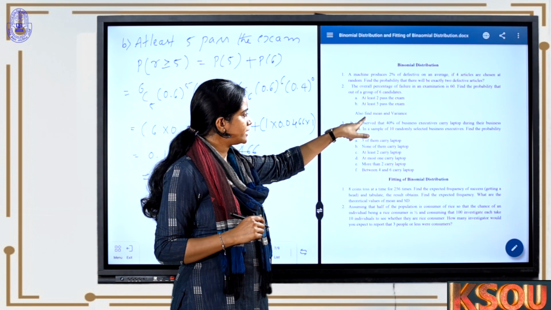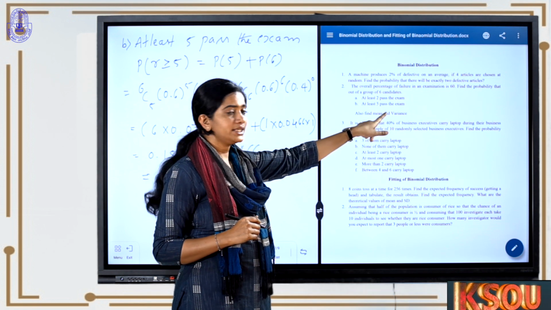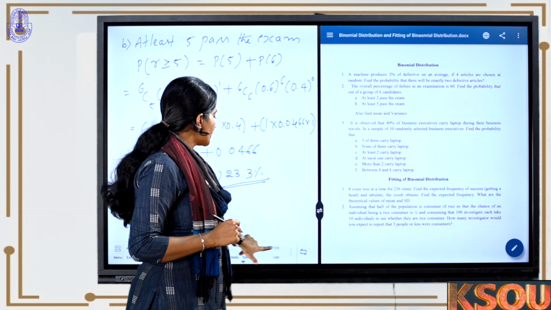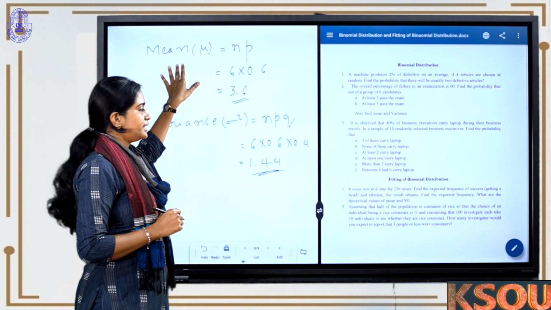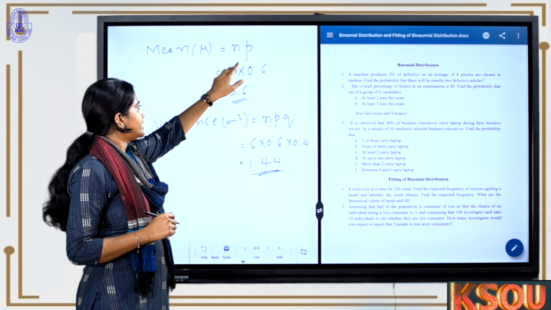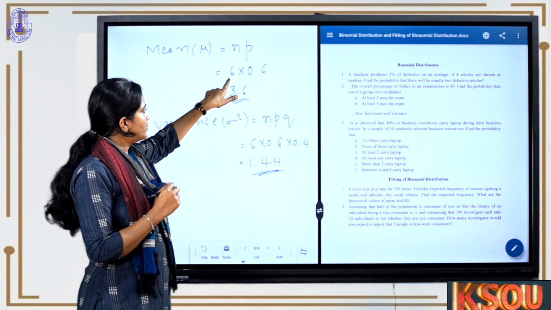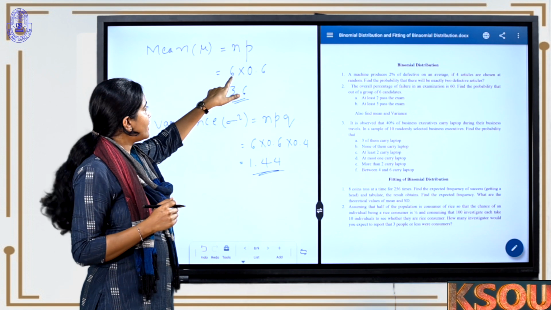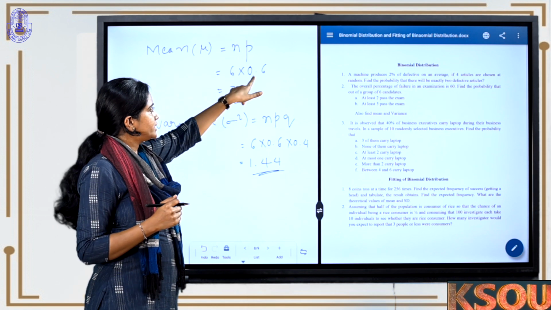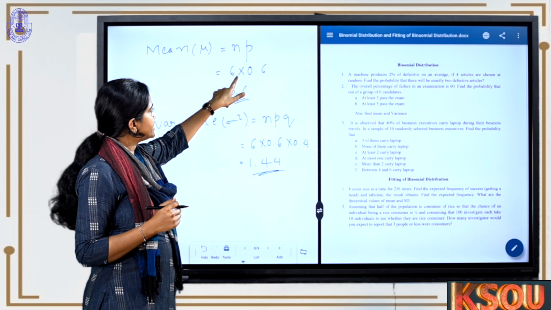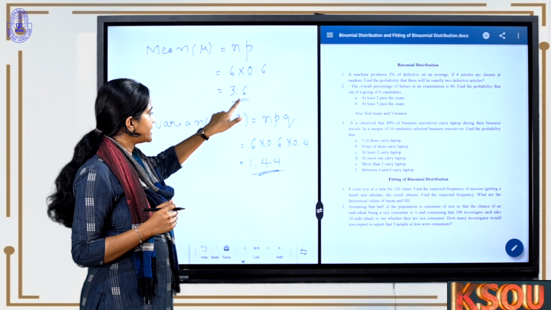Here we will also calculate the value of mean and variance. You have a simple formula for that. In order to calculate mean, you will have to take n into p. From this question, we have n value equal to 6 into p value, that is 0.6. So 6 into 0.6 is 3.6.